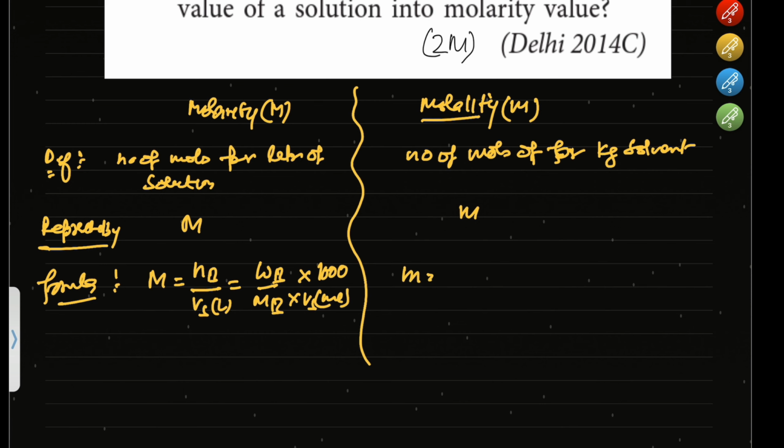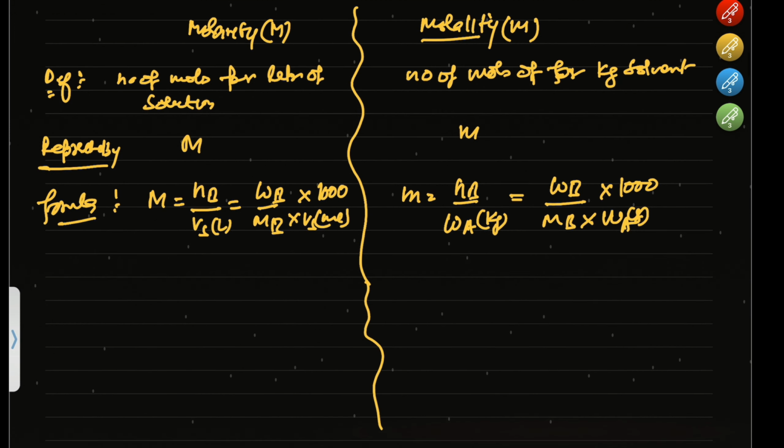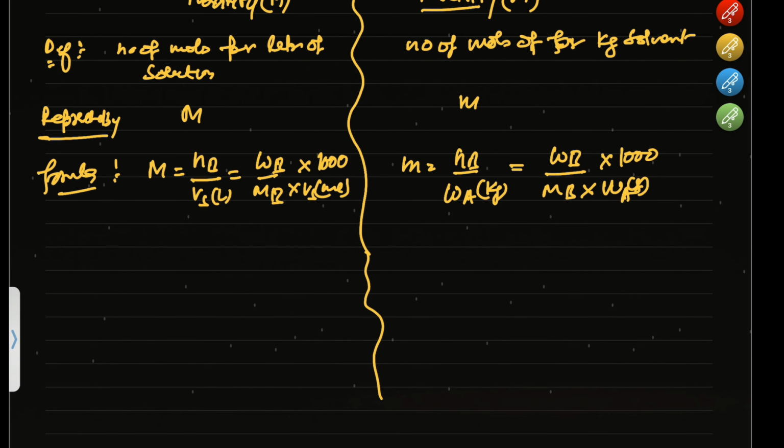Here is this: molality is equal to moles of solute upon weight of solvent in kg, or weight of solute upon molar mass of solute into weight of solvent in gram into 1000. Here we can write the meaning of each symbol.